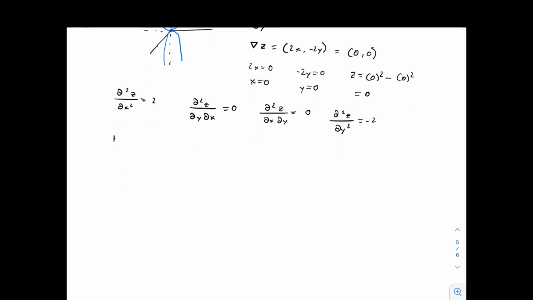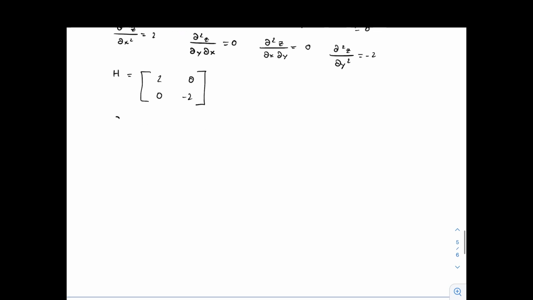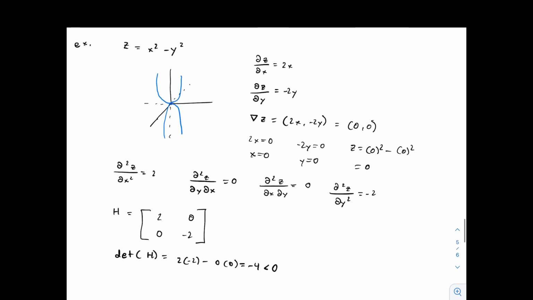That means that our Hessian matrix is this one, and that our determinant of our Hessian matrix is 2 times negative 2 minus 0 times 0. This is negative 4, and the important point is that this is negative. So according to our rules, this should be a saddle point. And graphically, we see that that's exactly the point, right? That's exactly what we see here.